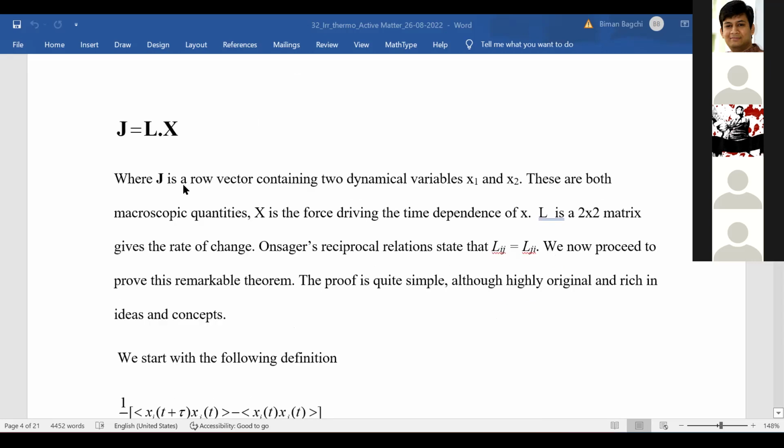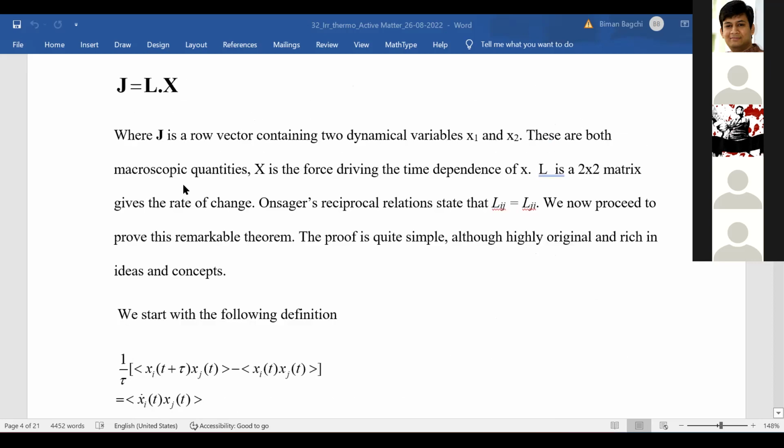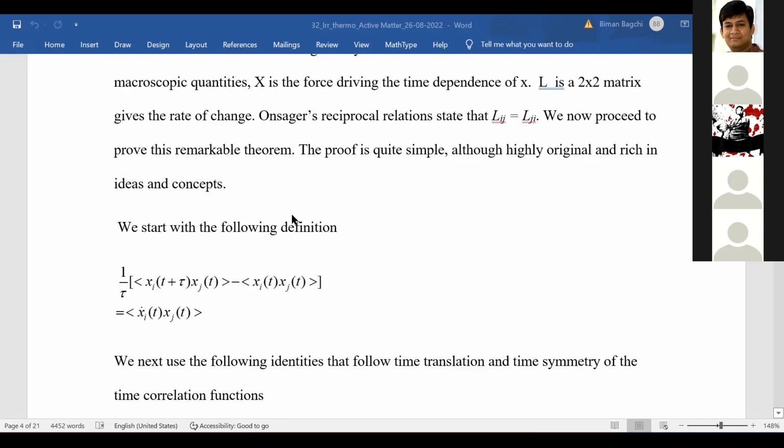Following Landau notation, J has been replaced by x dot, that small x, not capital X. Capital X remains the force. Flux is given by small x in this notation.